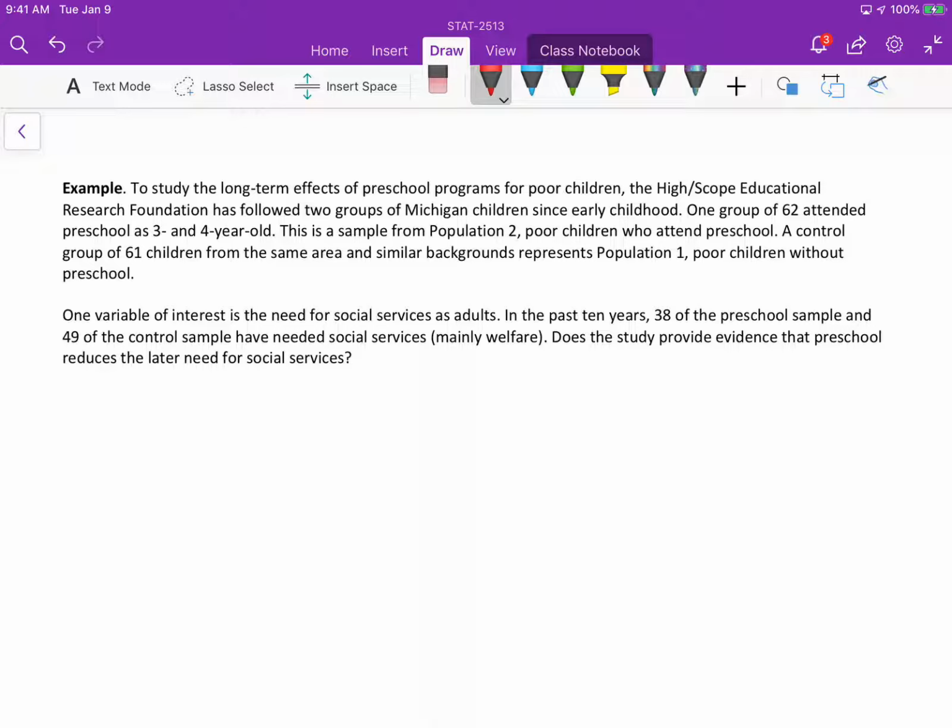One group of 62 attended preschool as 3 and 4 year olds. This is a sample from population 2, poor children who attend preschool. A control group of 61 children from the same area and similar background represent population 1, poor children without preschool.